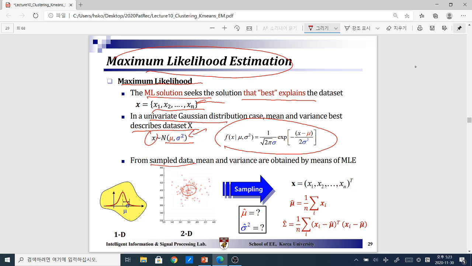From the sampled data, and assuming that you have the mean and the variance as the parameters, these are the parameters described by the samples. Then you take the natural log of the likelihood once again, take the gradient of it with respect to theta, or the parameter, set that equal to 0, and solve for the parameter.